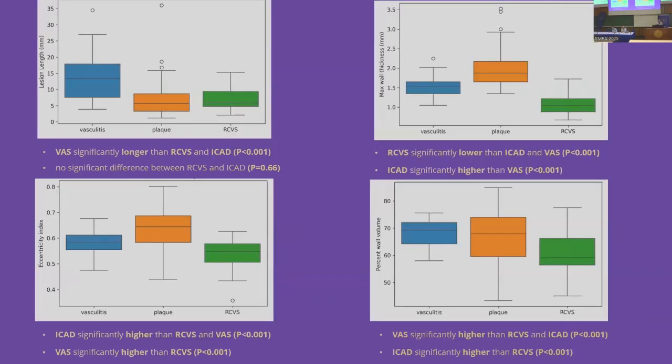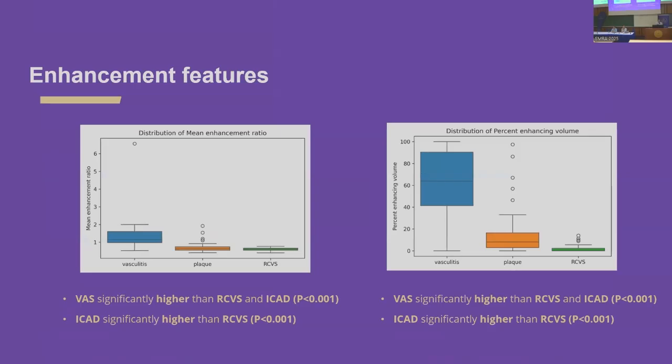In terms of that quantitative analysis, vasculitis showed the longest lesion length, and it also showed the highest percent wall volume in terms of the amount of the lesion that enhances, while atherosclerosis showed the maximum wall thickness of a lesion, as well as the highest eccentricity index, followed by vasculitis and then RCVS. In terms of enhancement features, they were significantly higher for vasculitis relative to the other disease processes.